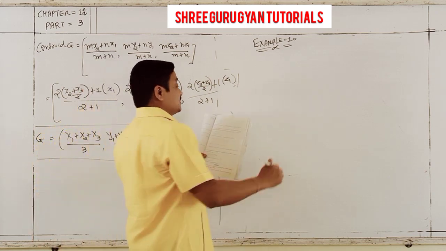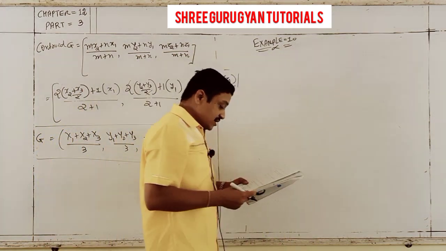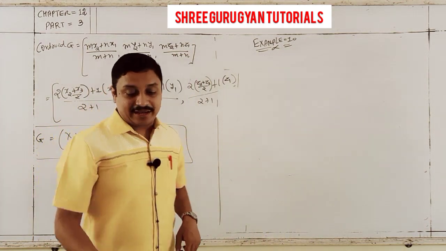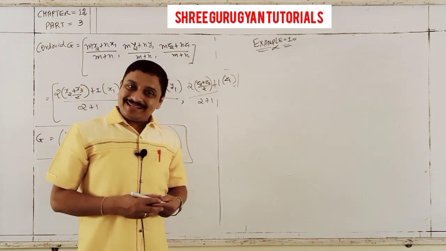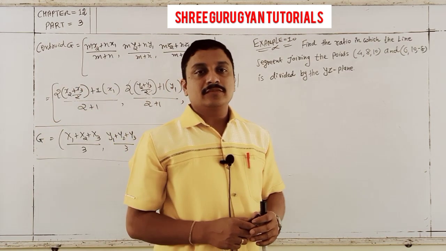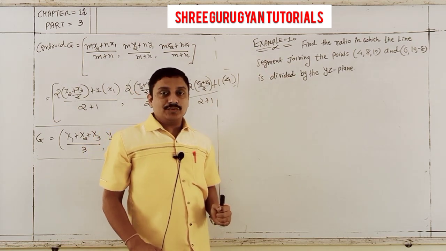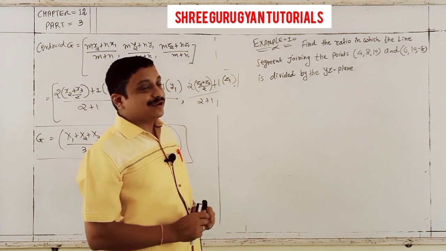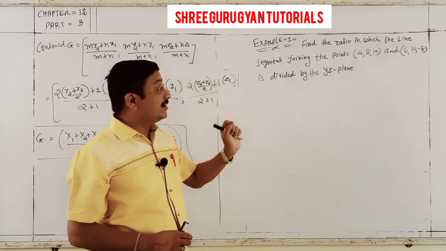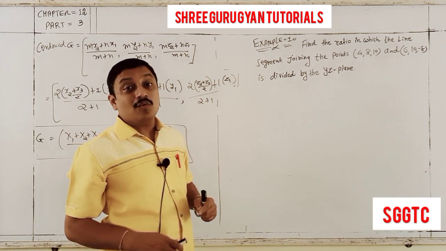Find the ratio by applying the values and easily create my answer. So, students, continuing in example 10: find the ratio in which the line segment joining the two given points is divided by the YZ plane.